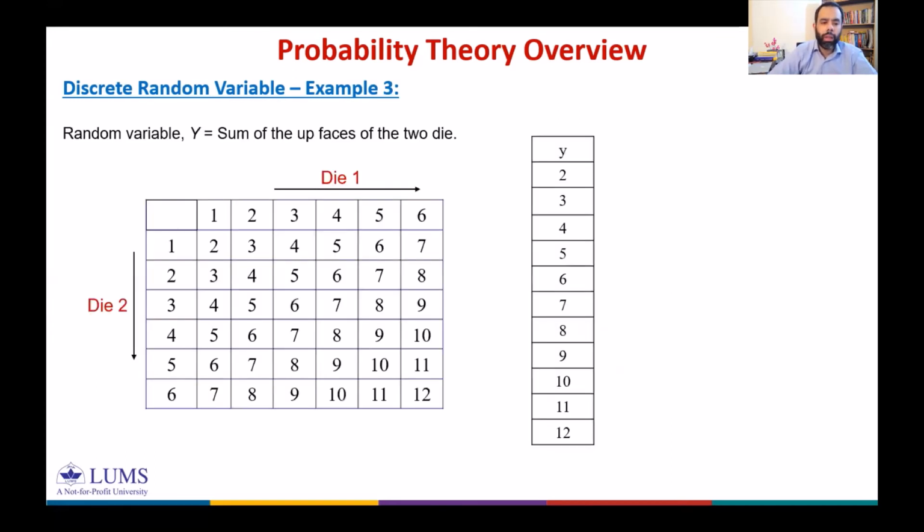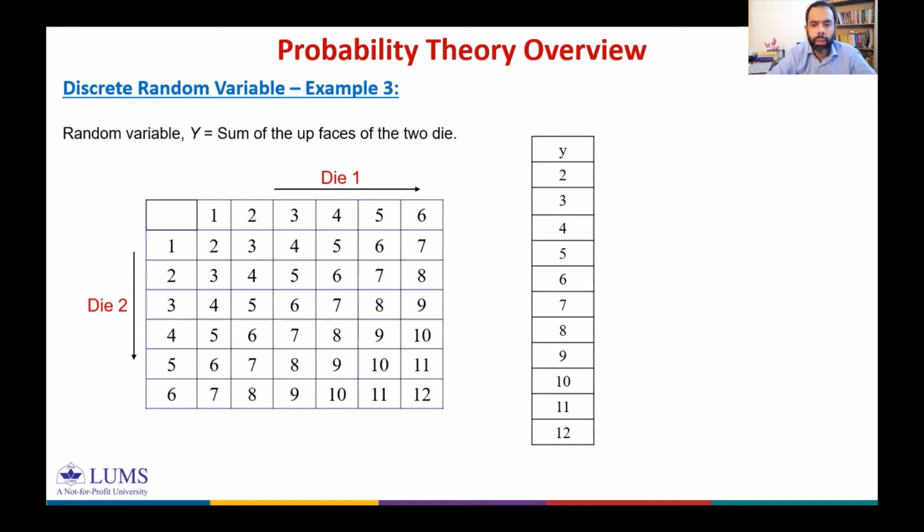Let's take another example. A random variable Y, which is the sum of the up faces of 2 dice. You roll 2 dice together and you sum the up faces. That's the random variable. And this random variable can take any value from 2, 3, 4, and so on and so forth until 12.